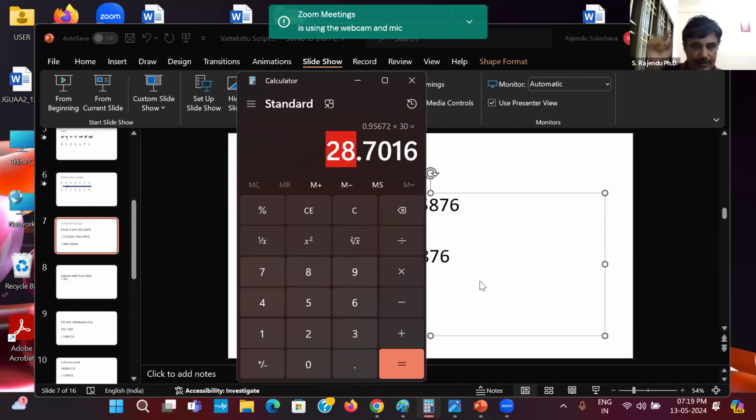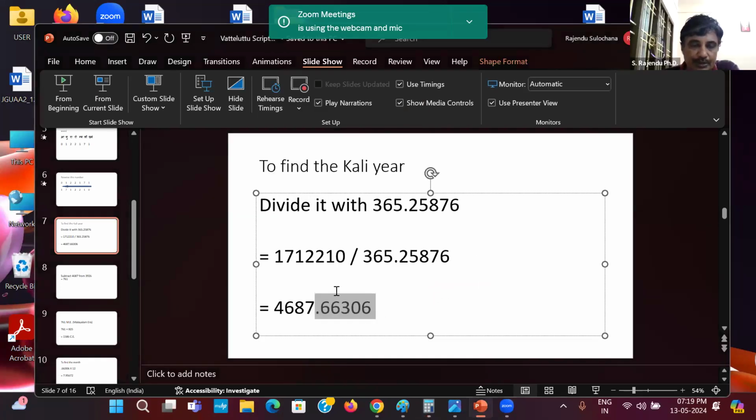Then I repeat: in the year 1586 common era, in the 7th month and the 28th day of that month, this poem was written by Melpattur. Okay, got it? Understood? Yes, sir. Okay, so simple, so easy to remember.